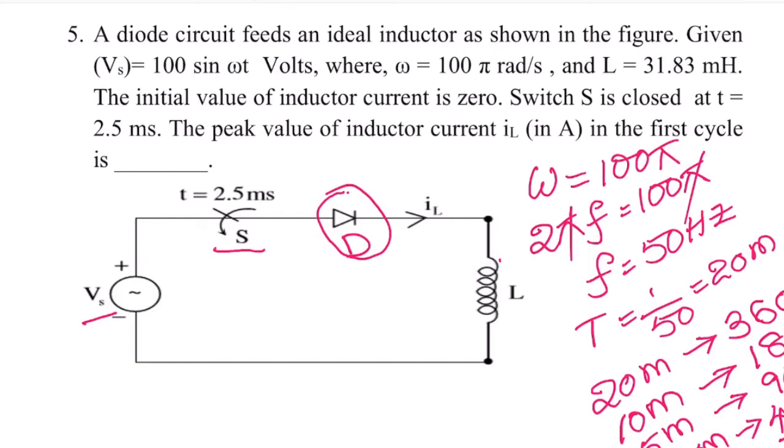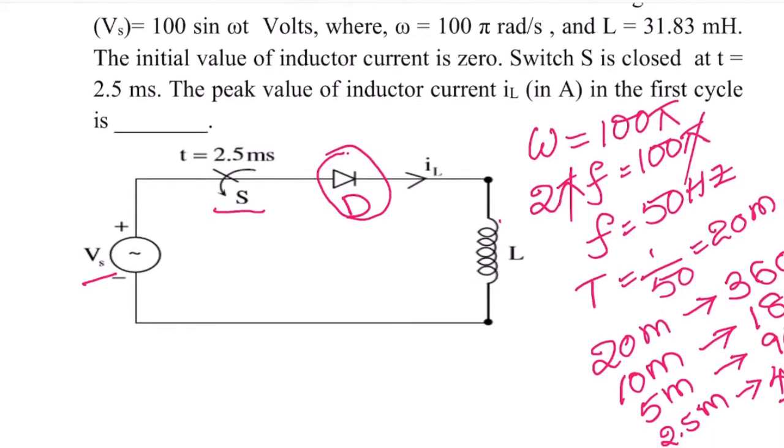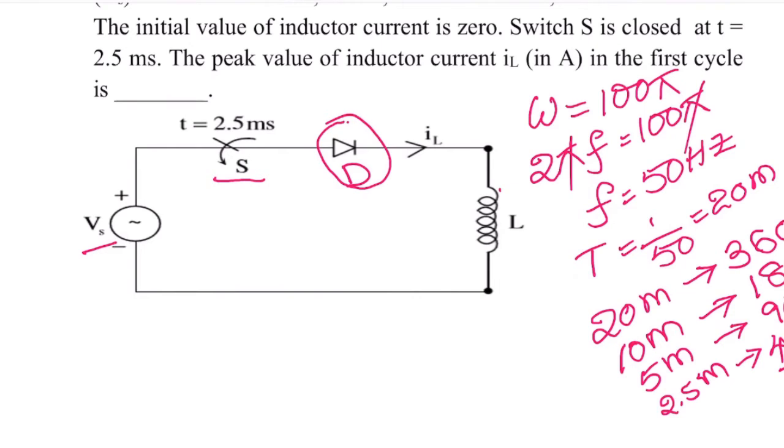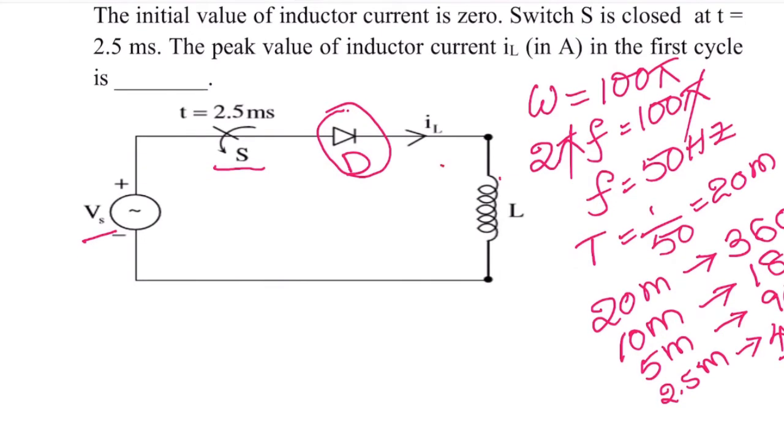Now, when the diode starts conducting, what will happen? If I take the voltage across the inductor, VL, you know that this is the source current, and this is the diode anode to cathode current and the inductor current. All are the same.